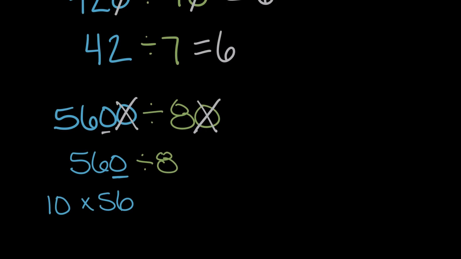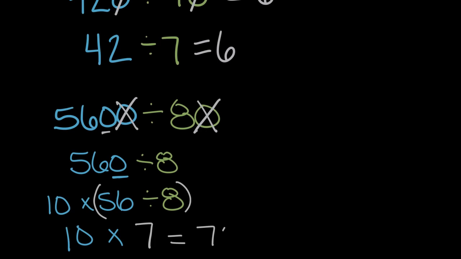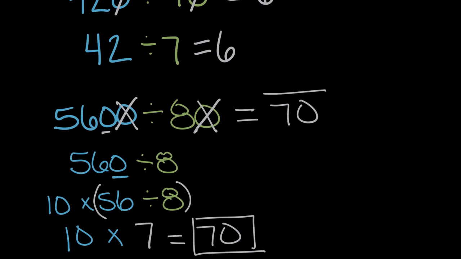And rewriting it this way makes it so now I have a division problem right here, 56 divided by 8, that we can solve. 56 divided by 8 is 7, and then we still have this 10 and the times sign, and 10 times 7 equals 70. So our solution here, when we divided 560 by 8, was 70. So that means our solution up here for 5,600 divided by 80 is also 70.